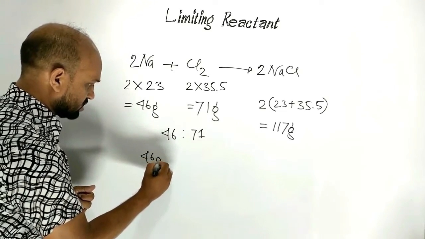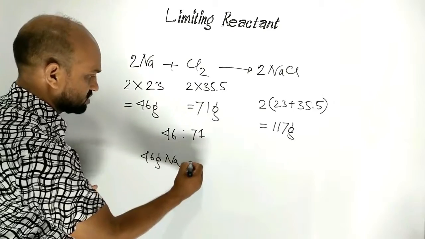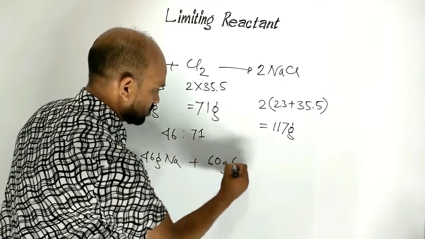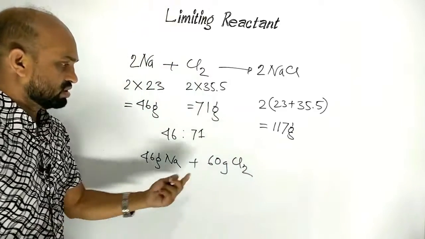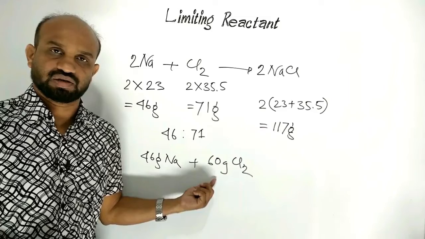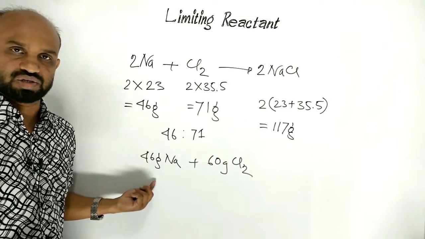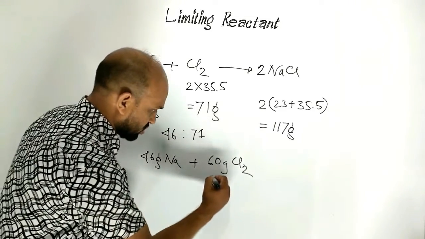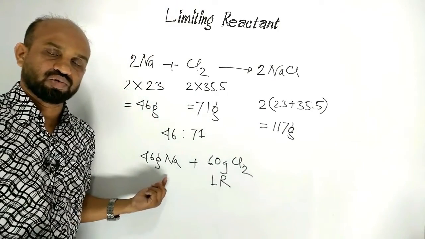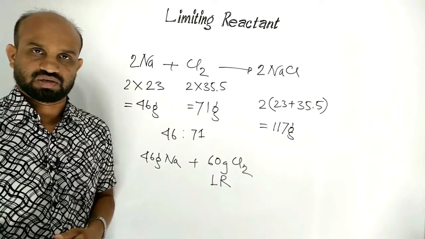When 46 gram sodium is mixed with, suppose, 60 gram chlorine, then chlorine will be finished earlier than sodium. So here chlorine will be the limiting reactant and sodium will be the excessive reactant.